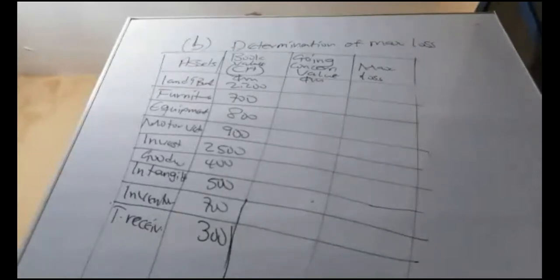Okay, now let's move on. Now you're going to do the going concern value. Have you seen what we listed for the liquidation? You're going to turn it upside down. The reverse is true for going concern. Going concern means what are the values that, when we survive, we will put on the assets.